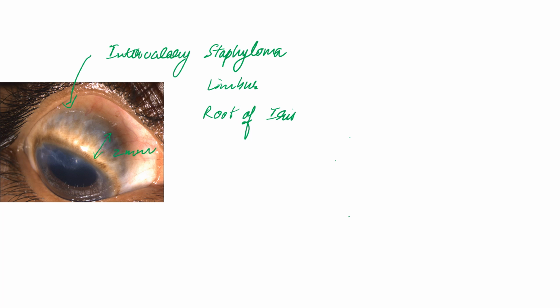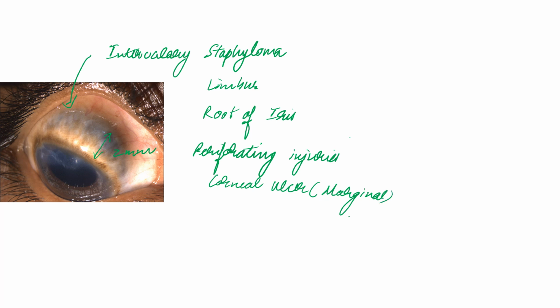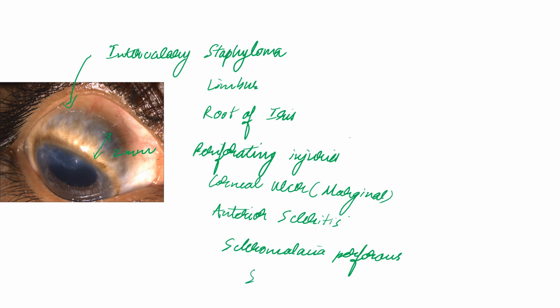It occurs due to perforating injuries of the peripheral cornea, marginal corneal ulcer, anterior scleritis, scleromalacia perforans, complicated cataract surgery with poor wound apposition, and secondary glaucoma. These are the various causes for intercalary staphyloma.